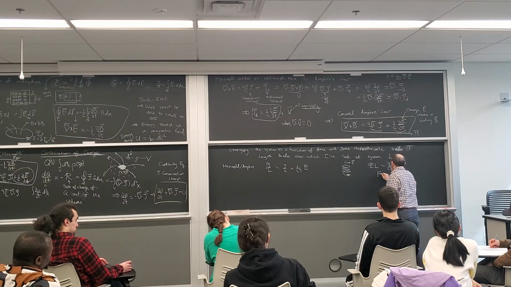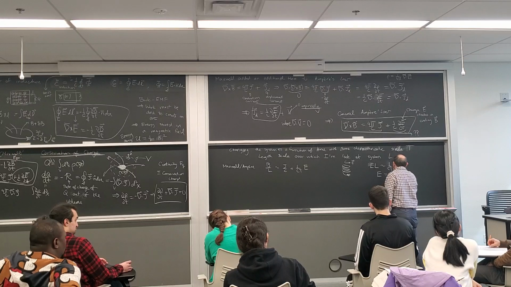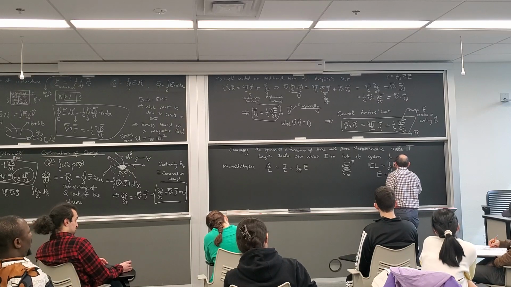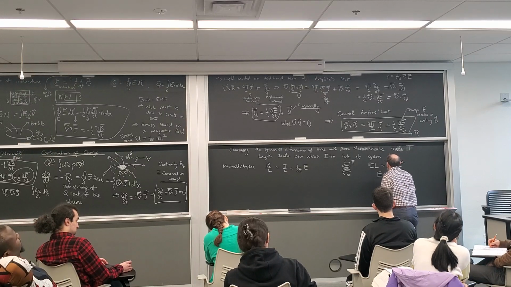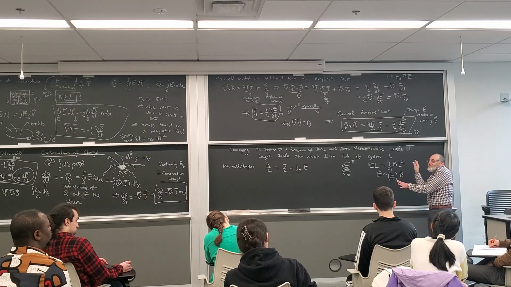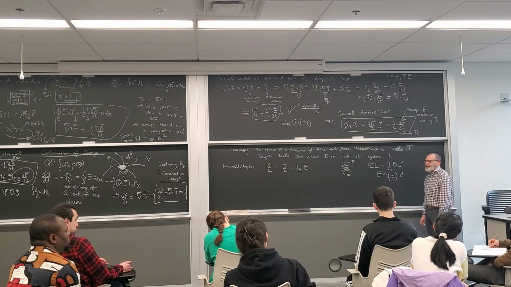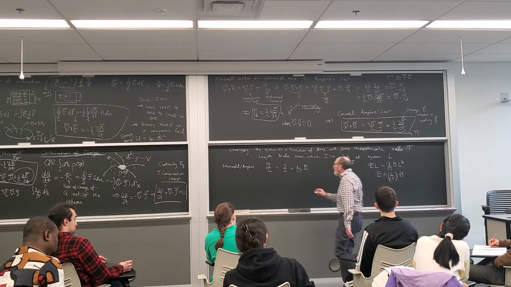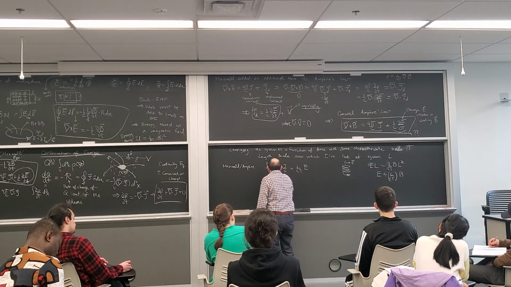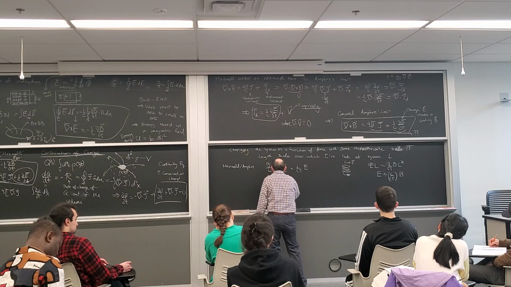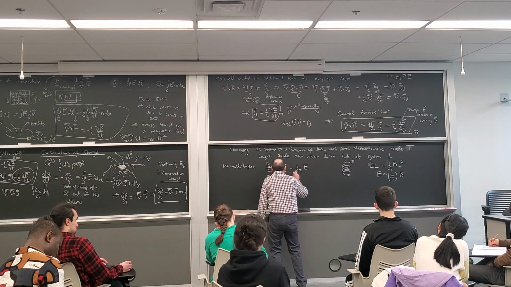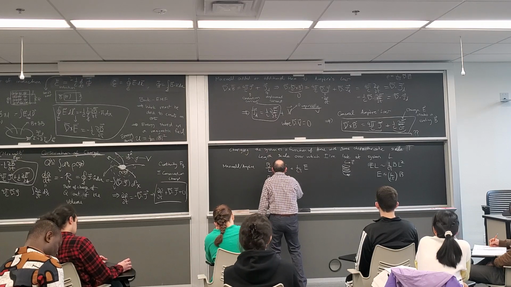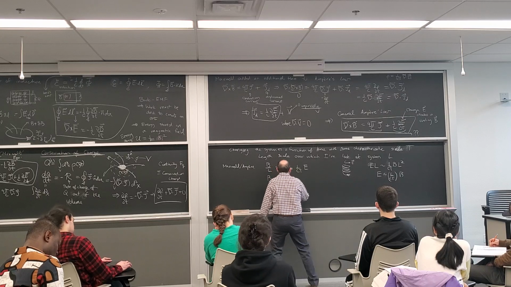So this electric field already is on the order of this, just from dimensional analysis. And so if I look at this, what I see is that for B, there's a correction term here.